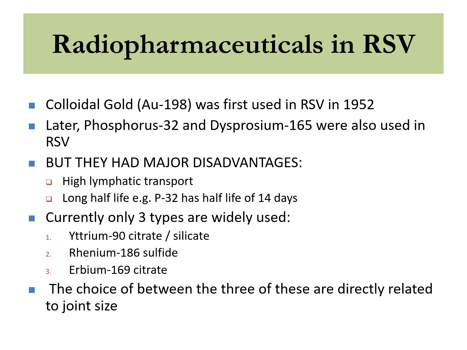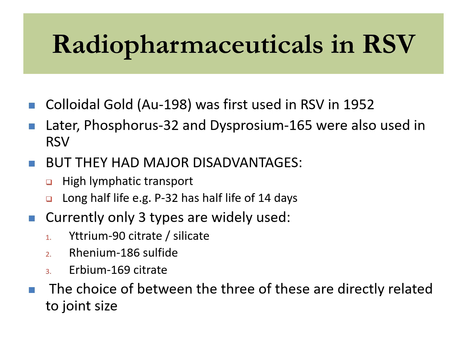So we have our first radiopharmaceutical that was used for radiosynovectomy in 1952, which is the colloidal gold, Aurum 198. Later, phosphorus 32 and dysprosium 165 were also used, but they had major disadvantages with a high lymphatic transport, and phosphorus 32 has a long half-life of about 14 days.